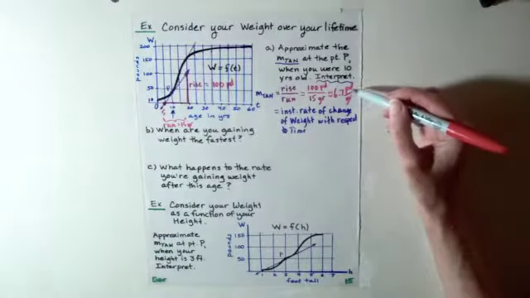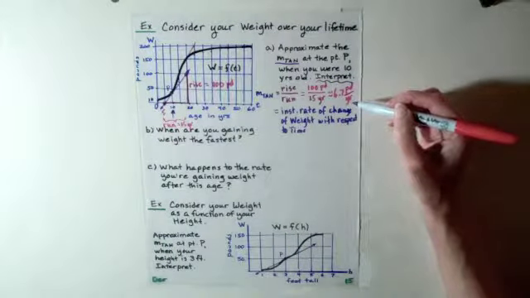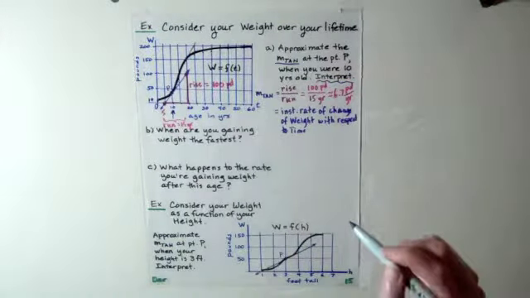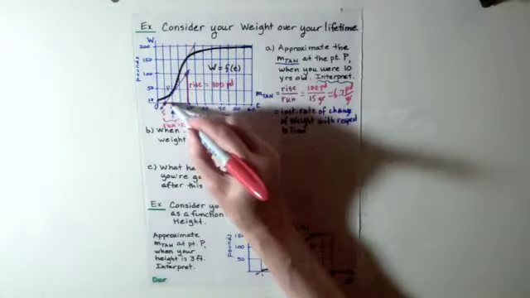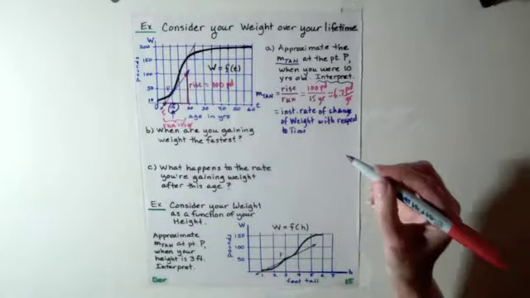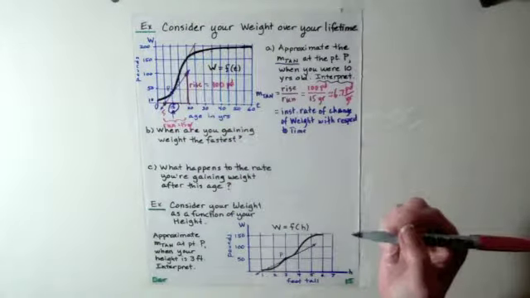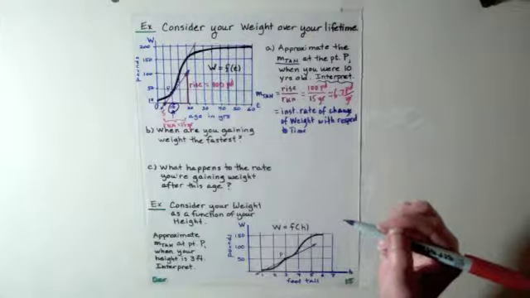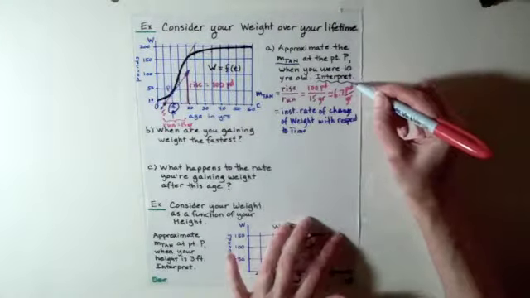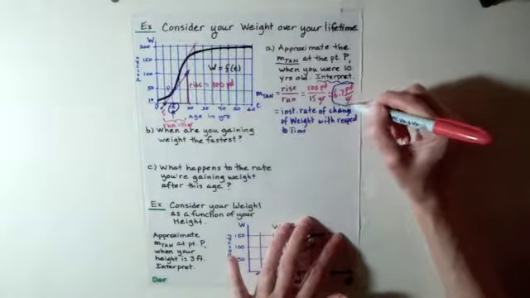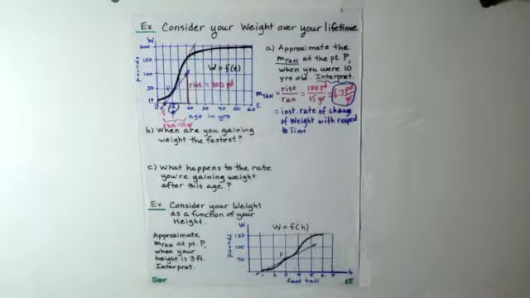So this 6.7 pounds per year is the instantaneous rate your weight is changing compared to your age at the moment that you turn 10 years old. So it's how fast your weight is changing at the instant that you turn 10. So you wake up on your 10th birthday and it's saying that you are gaining weight at approximately 6.7 pounds per year at the moment that you turn 10 years old on your 10th birthday.